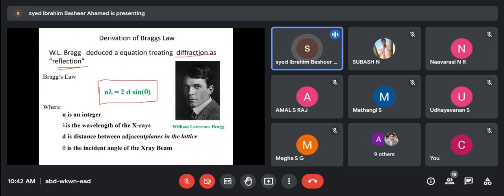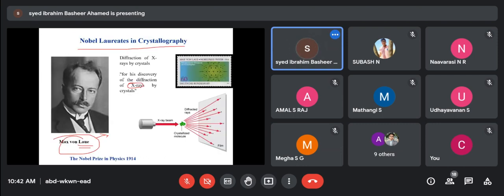Here you can see you have the X-ray beam and you have the protein crystal. The incident ray hits the crystal, and the outgoing ray is called the diffracted ray, not an emitted ray.